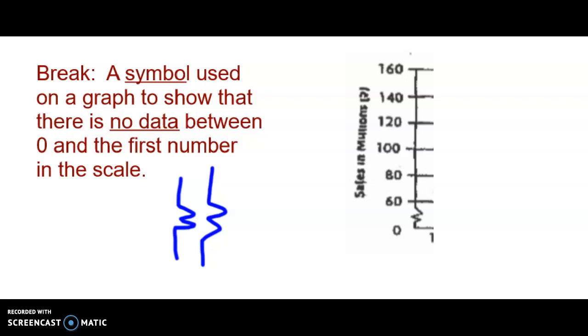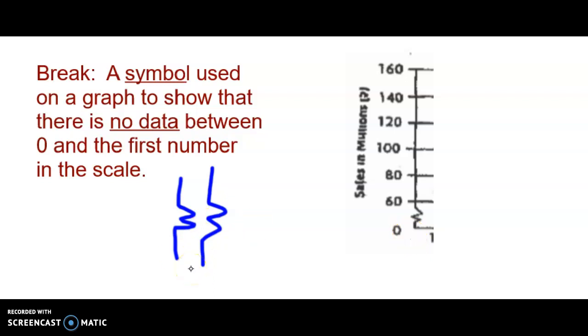So when I look at this scale that's over here, this is the one from yesterday that I used with line graphs, I believe, and it was the XYZ Toy Company, and this was the scale that was there. So when we look at this, between 0 and 60, there's this little zigzag kind of lightning bolt or sideways M looking thing. That's our symbol that means a break.